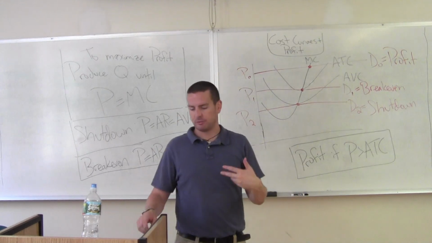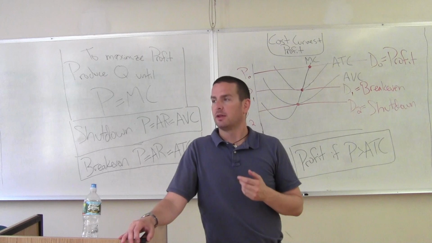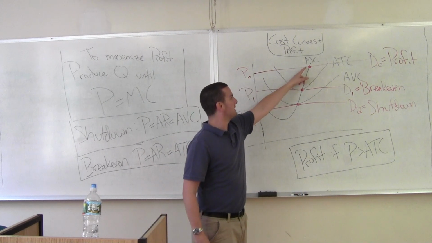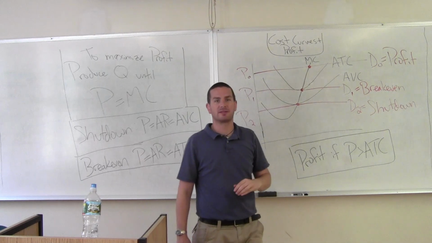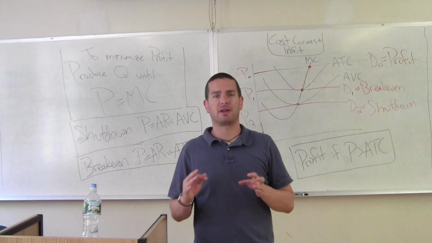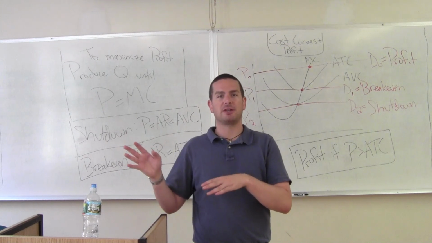So, just to recap really briefly, why is this? If you're at the first point, P0, if your price is higher than the average total costs, right? Price is always equal to marginal revenue in perfect competition. Okay? In monopoly, that changes.